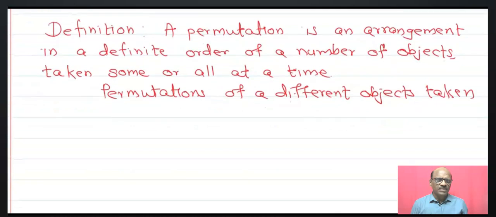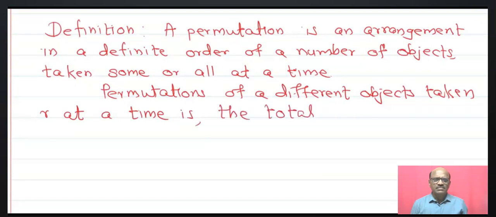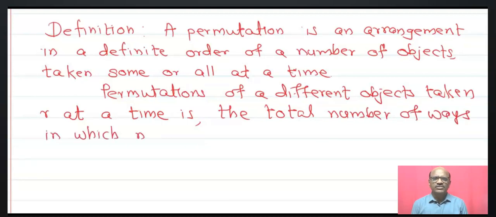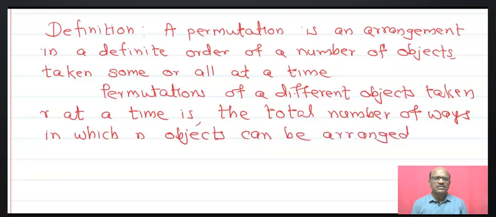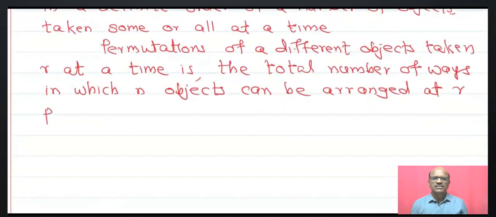Permutation of n different objects taken r at a time is the total number of ways in which r objects can be arranged at r places.